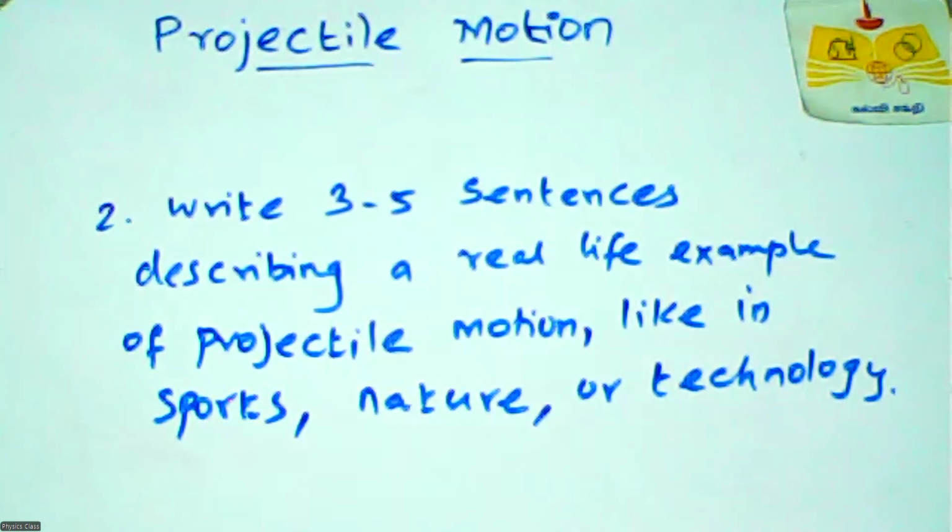So for your homework, first one, calculate the range and the maximum height of that projectile launched at 45° with an initial speed of 15 meter per second. Assume g is equal to 10 meter per second square. For the second question, write 3 to 5 sentences describing a real life example of projectile motion.